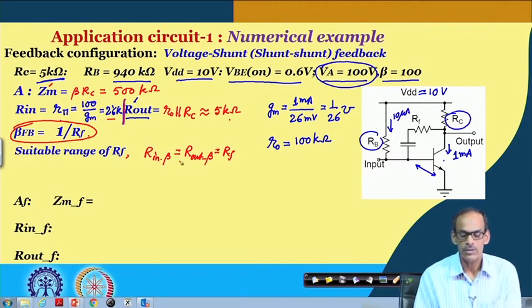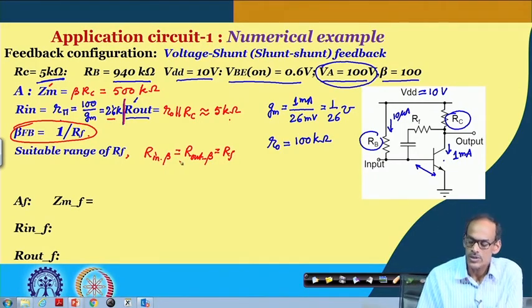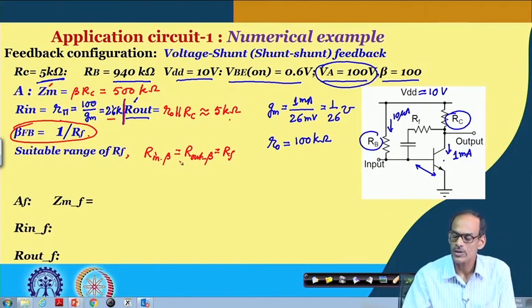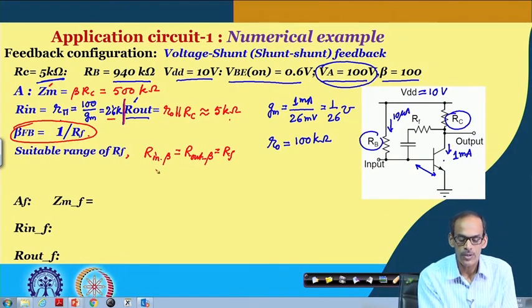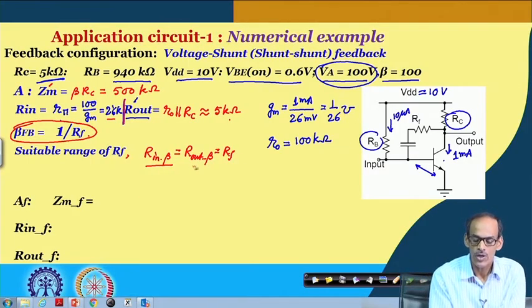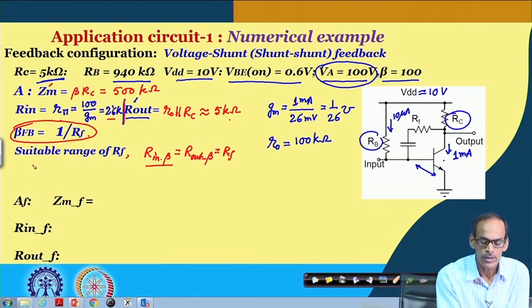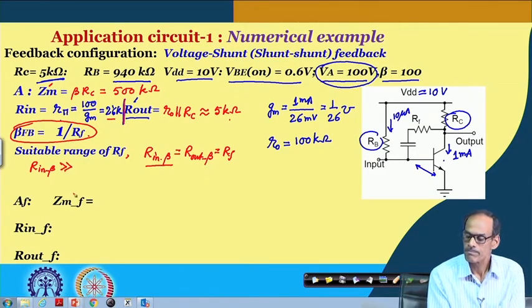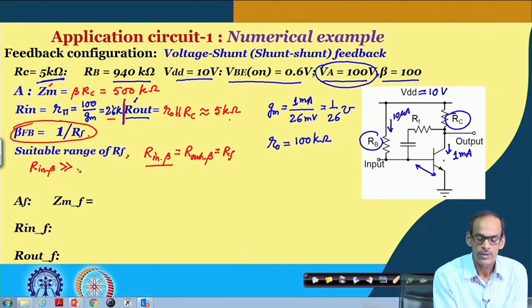And by considering the situation such that the loading effect of the R in beta on the amplifier we have to ignore, then we can say that R in beta should be much higher than output resistance R out dash.